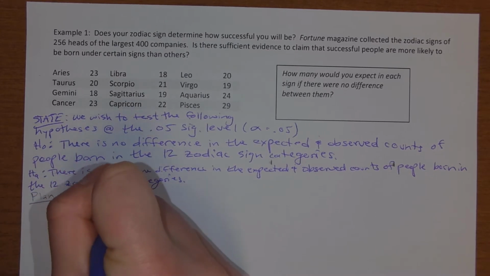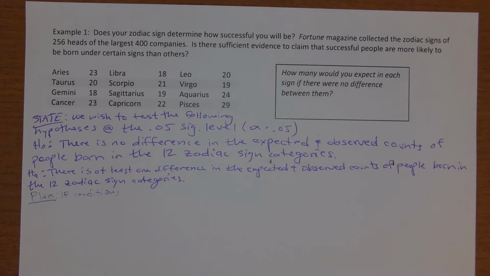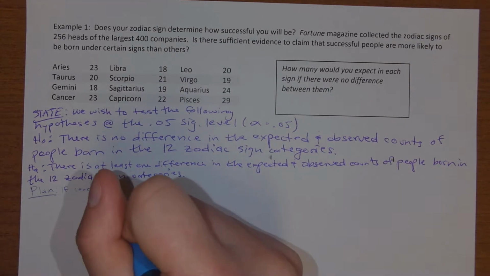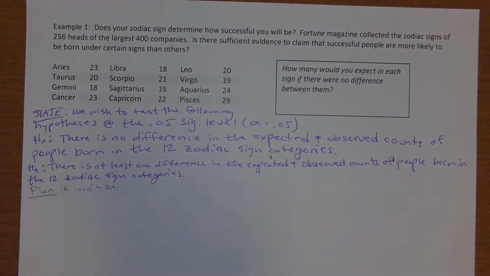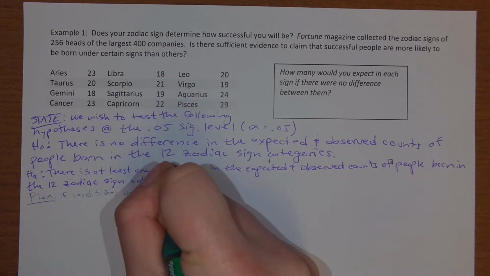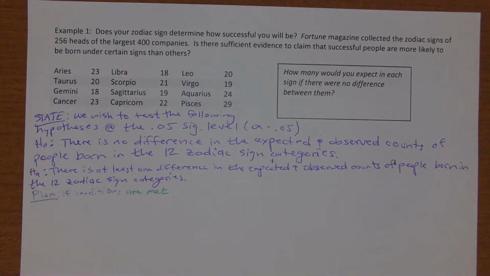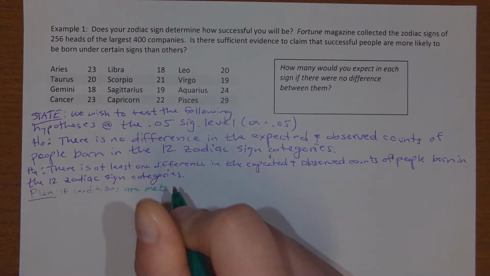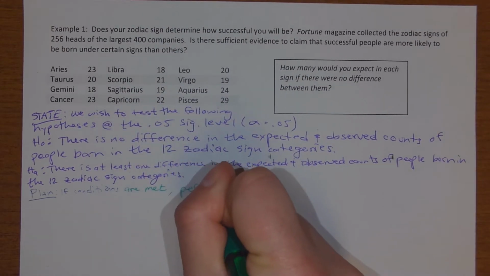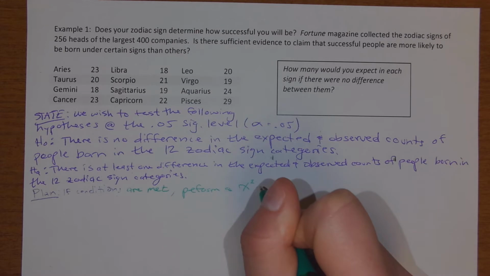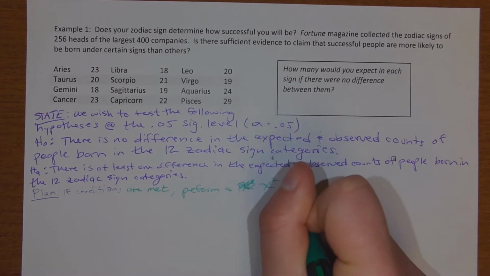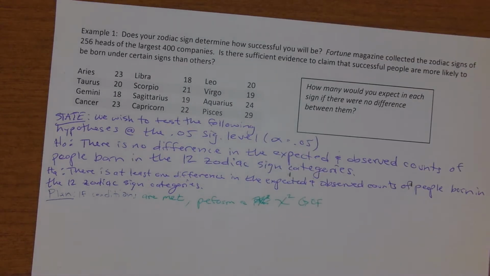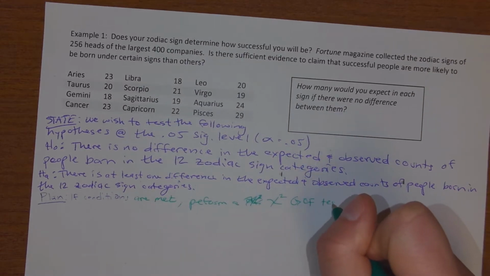If conditions are met, form a chi-squared goodness of fit test. It should be a fancier X, sorry, like a cursive X. And do feel free to just write chi-squared GOF test.